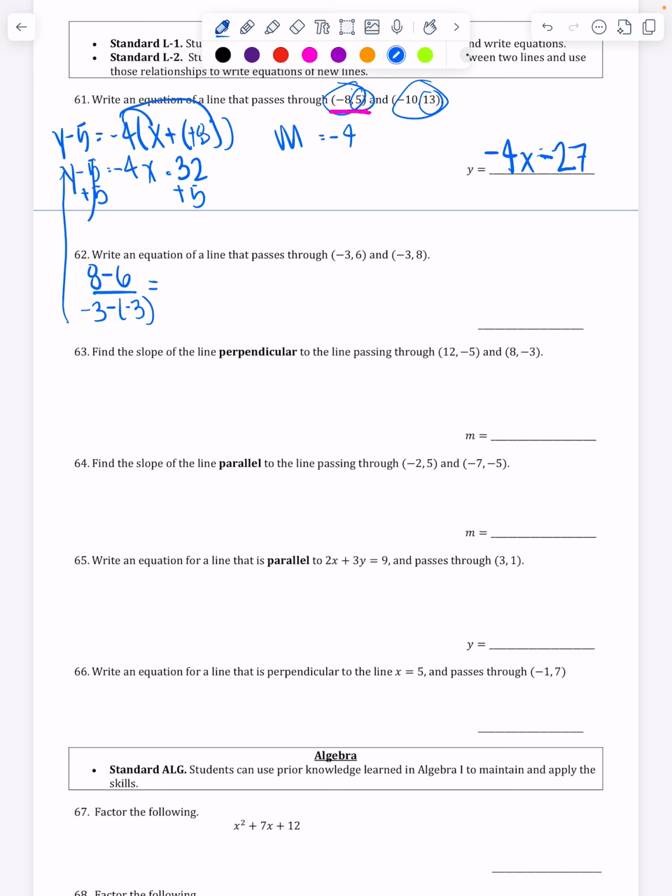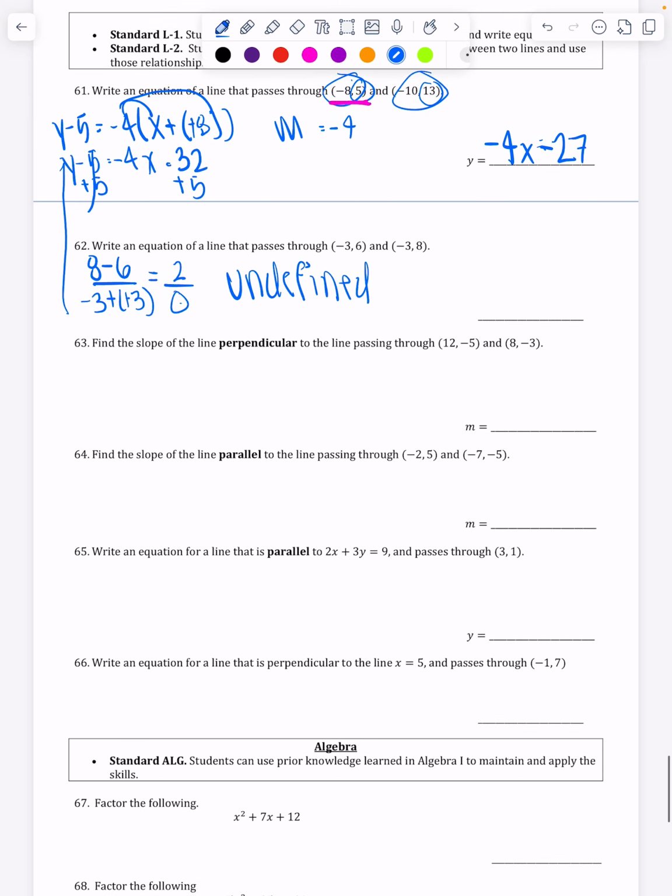All right, well, 8 minus 6 is going to be a 2. And then I have a -3 and a +3, which is a 0. So that would be undefined. I always think of it as when Humpty's not sitting on top, he's sad because he has fallen off the wall.